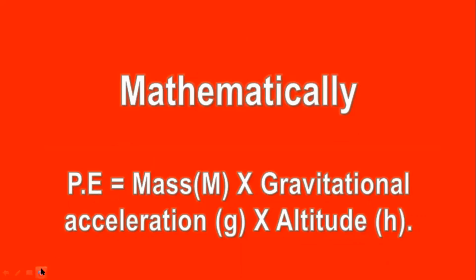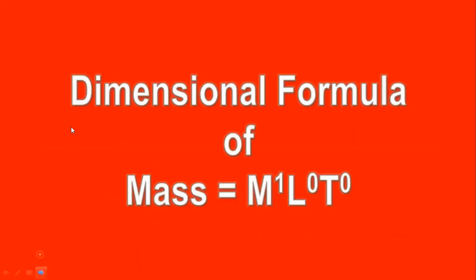So we'll put the dimensions. The dimensional formula of mass is M1, and the other two quantities will have 0 powers. Next is g.